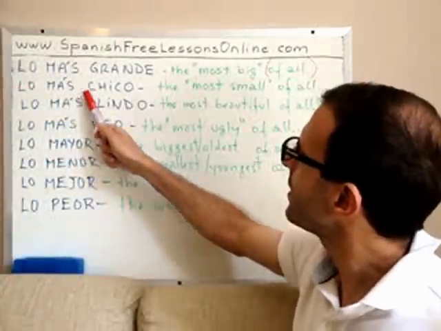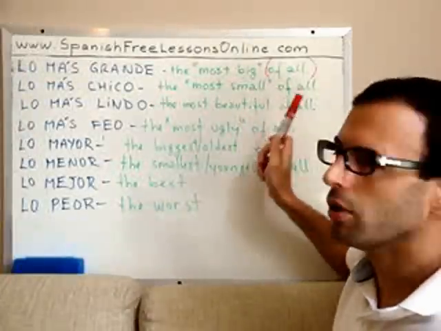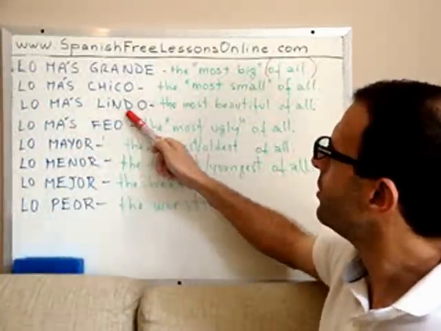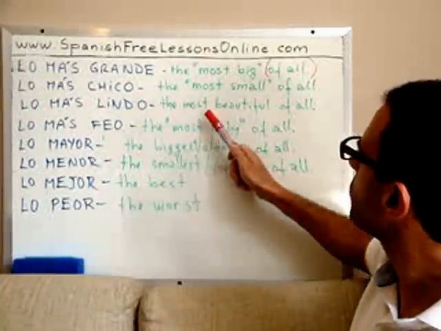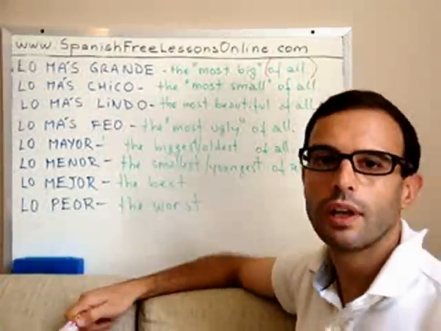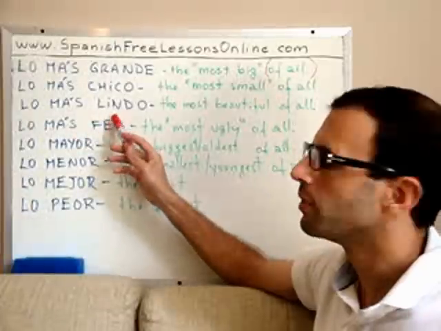Lo más chico, the most small of all. Lo más lindo, the most beautiful of all. So lindo means lovely or beautiful, referring to beauty.